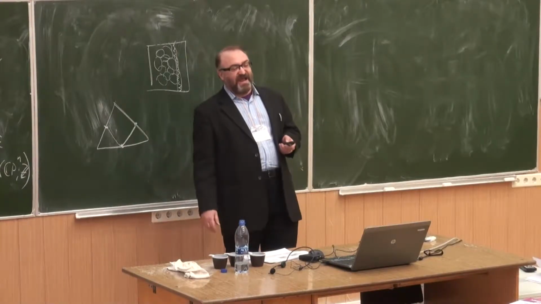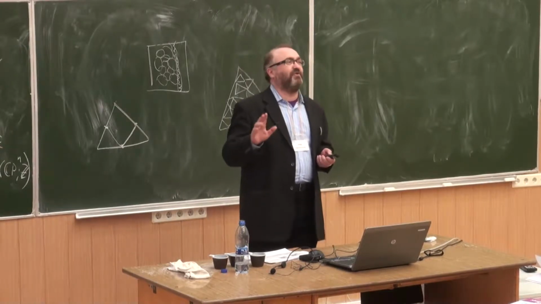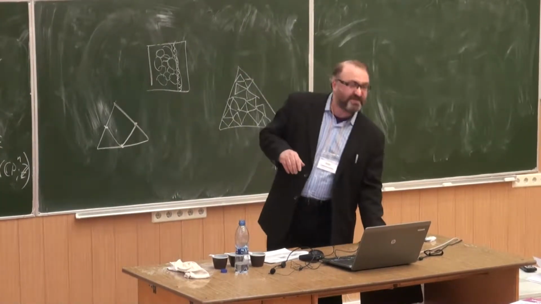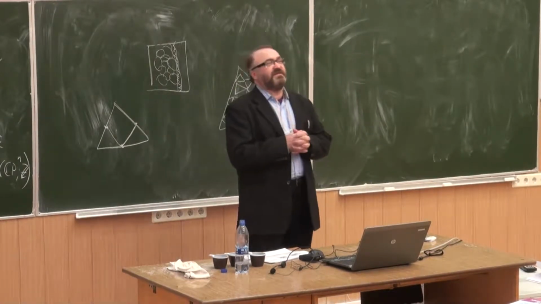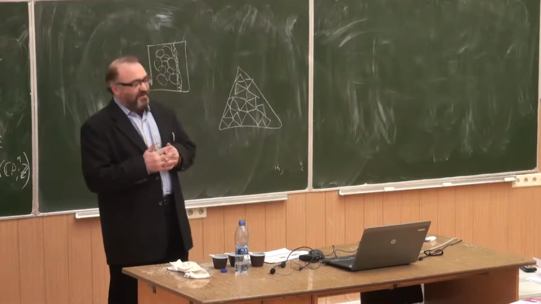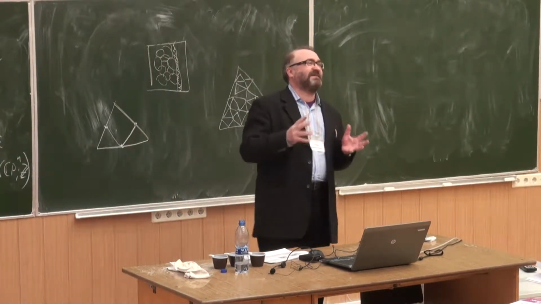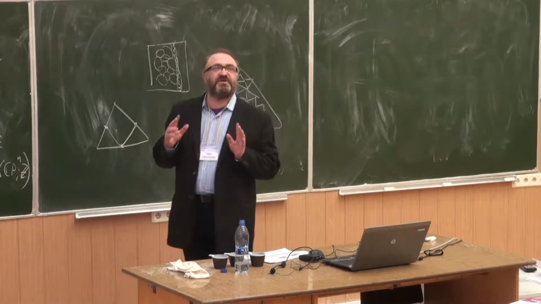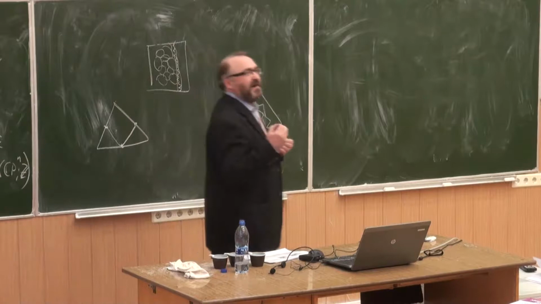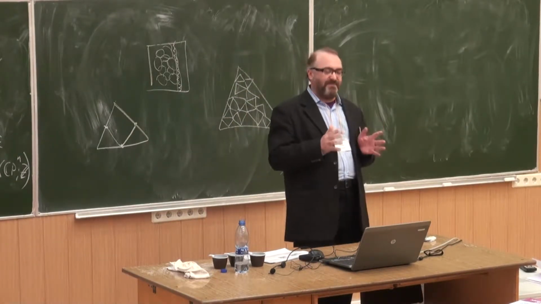But in a triangulation, no multiple edges are allowed. I explain why. Because in topological graph theory, we want all our objects to be simplicial complexes. You remember the definition of a simplicial complex: the intersection of any two simplices must be either empty or a simplex of smaller dimension.